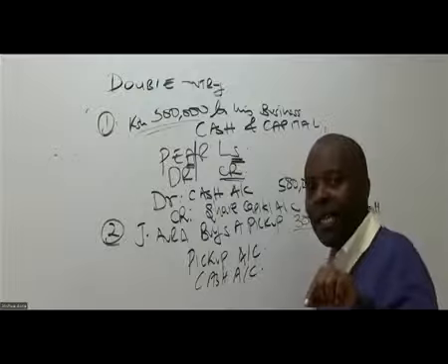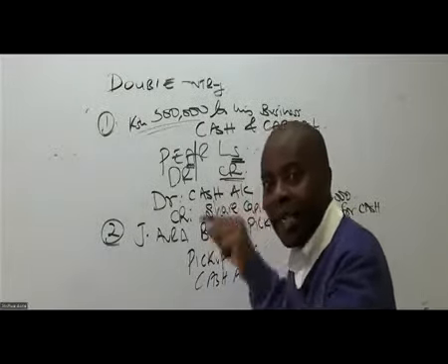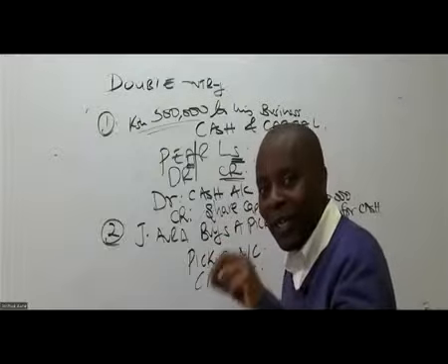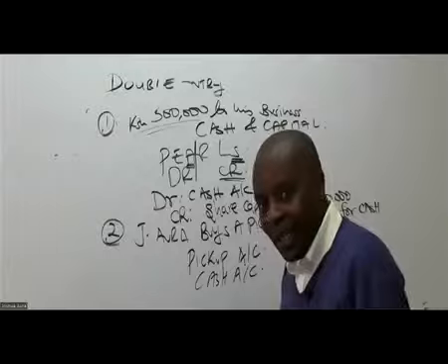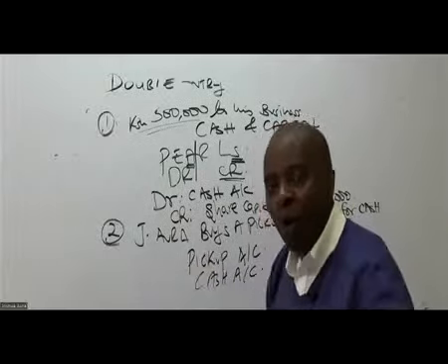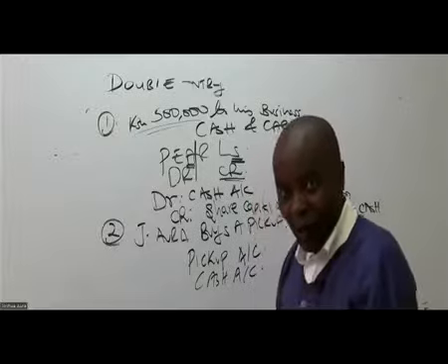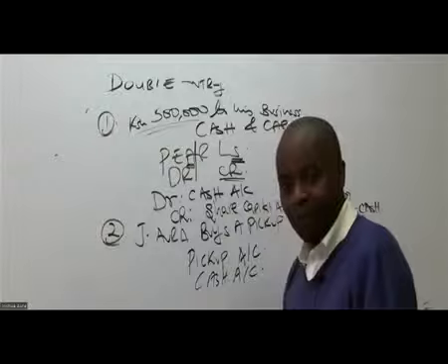When assets go down, what does it mean? When they go up, when they increase, we are debiting. When an asset reduces, we shall be crediting.